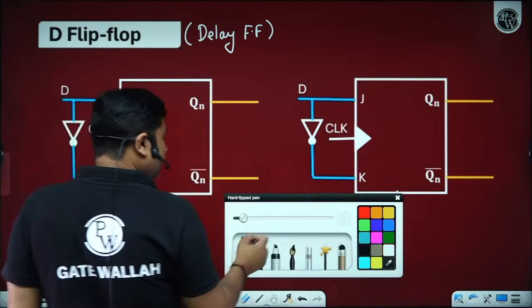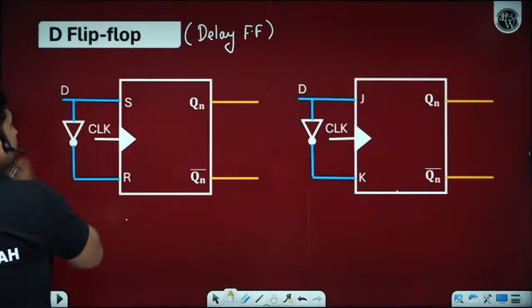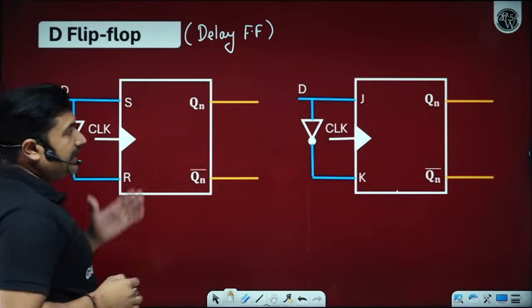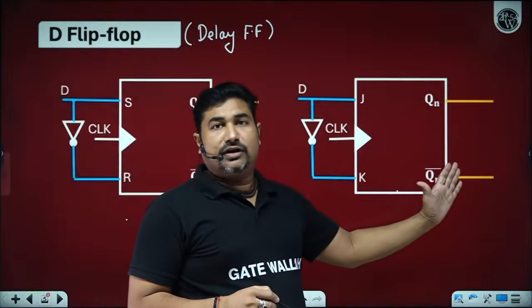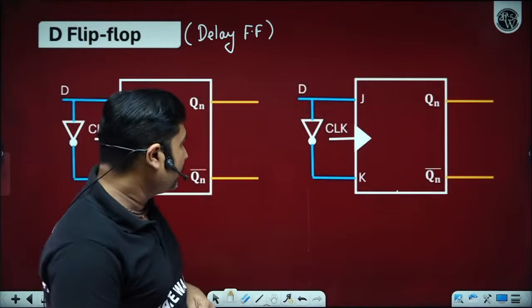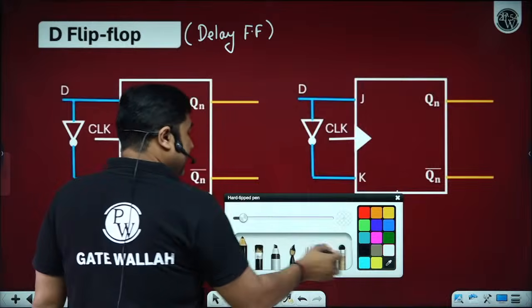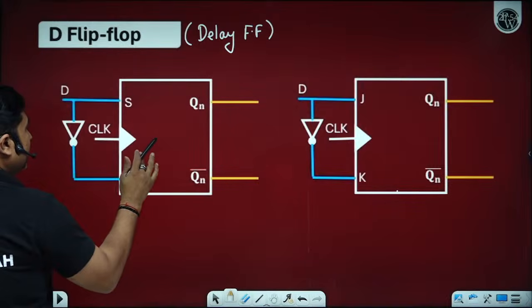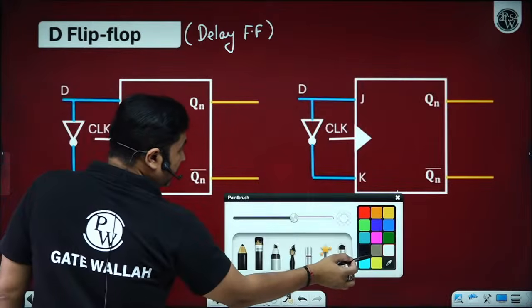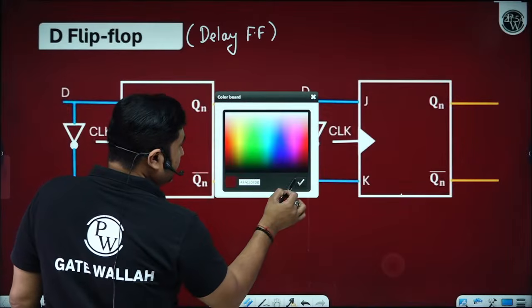Now please observe, we have a D input and it can be designed either using a JK flip-flop or using an SR flip-flop.